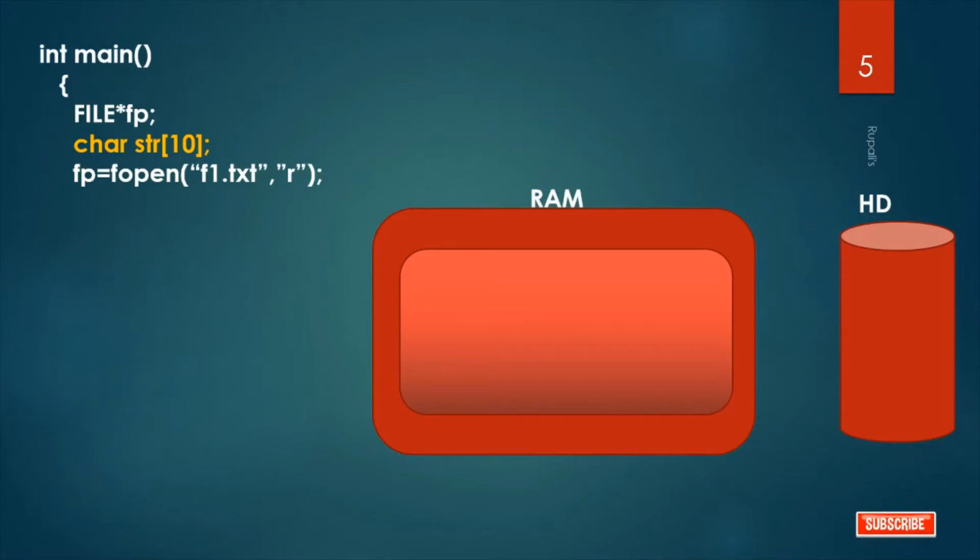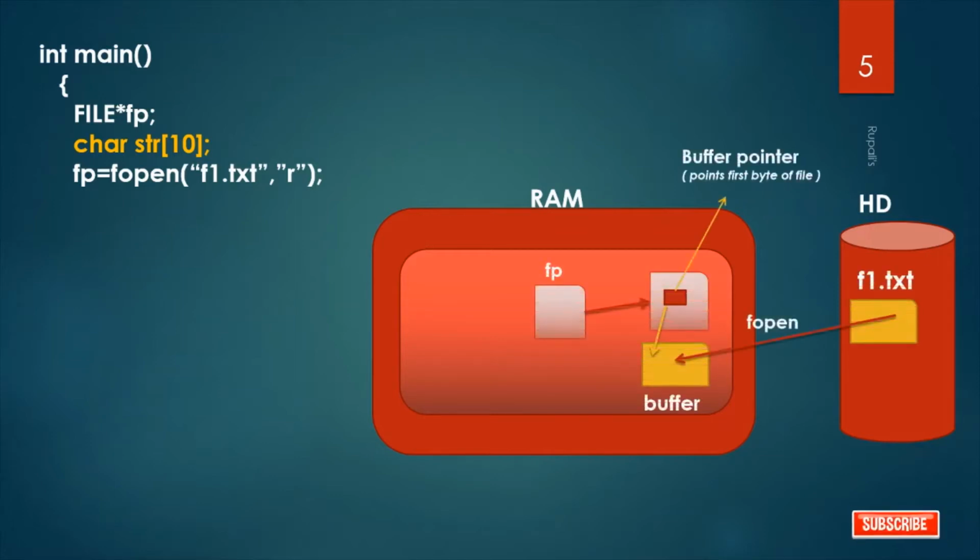Reading mode means if the file already exists, then it will open. But if the file does not exist, then fp returns NULL. Then we can't read that file. First see here, f1.txt is saved in the hard disk. Now, when I call the function fopen with f1.txt in read mode, this text file comes to the buffer in RAM.